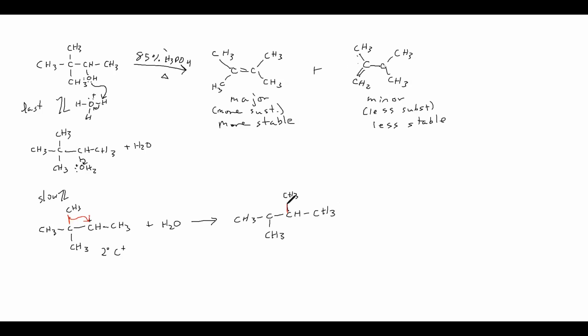So here are those 2 electrons in the bond. That's where they end up. And so what that does is leave behind a carbocation right here, which is a tertiary carbocation. And so that's the driving force for this rearrangement. We're going from a less stable to a more stable carbocation.